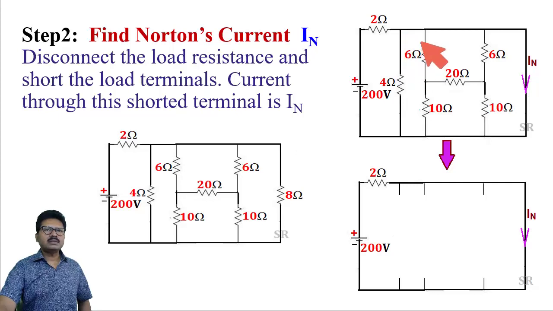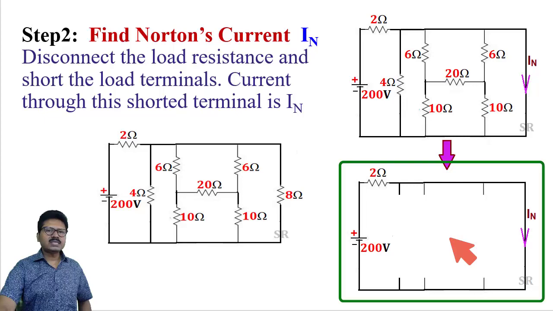Among these 4 paths, this path is having no resistance, means this is a shorted path. So no current will flow through the other paths. All the current which is flowing through this 2 ohm resistance will flow through the short circuit path.